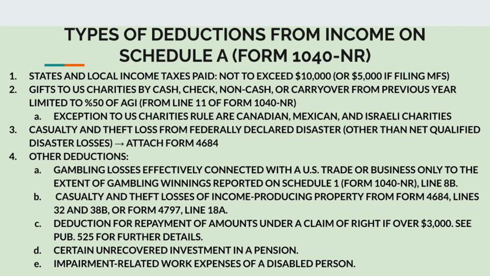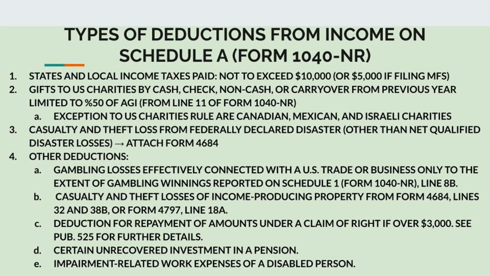So you're allowed to make a deduction for amounts that you gave to charities, so long as it can be substantiated either by appraisal or by a receipt from the charity, and there's a whole list of what is considered charitable deduction and donations in Publication 526 that you can refer to, but they cannot exceed 50% of your adjusted gross income, and that number, AGI, is on line 11 of the Form 1040-NR.